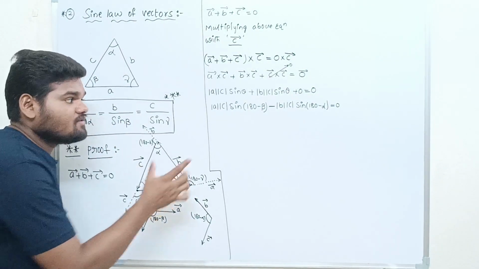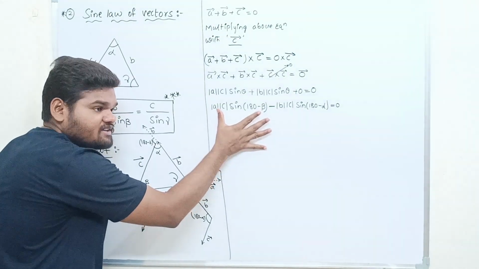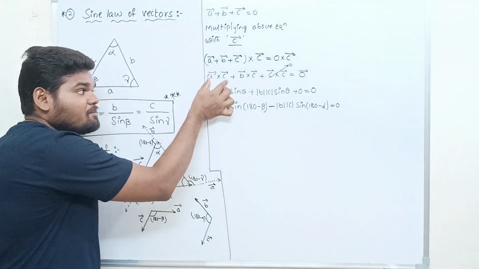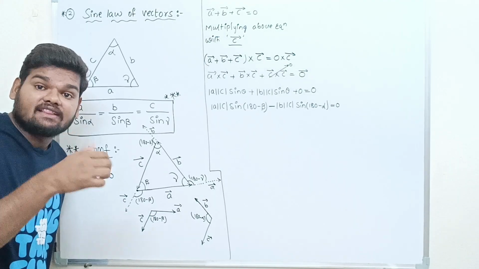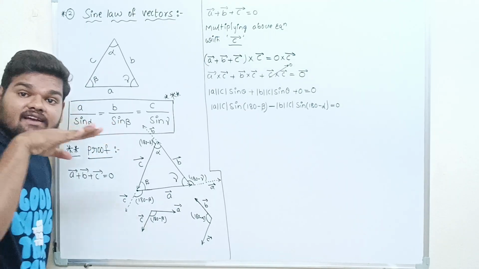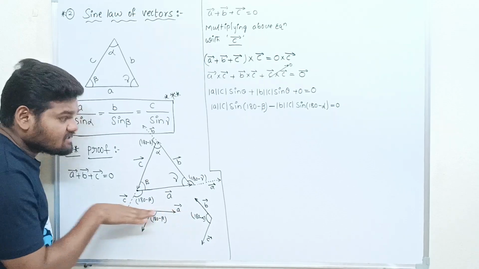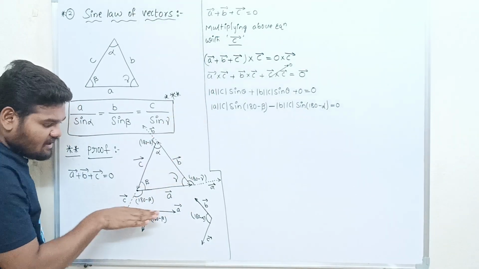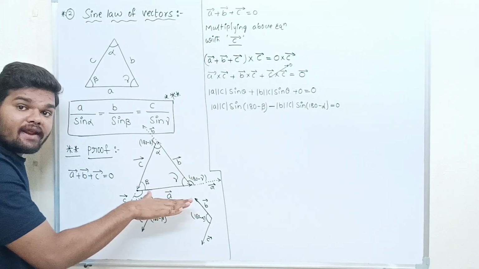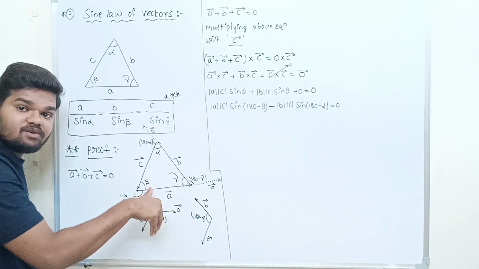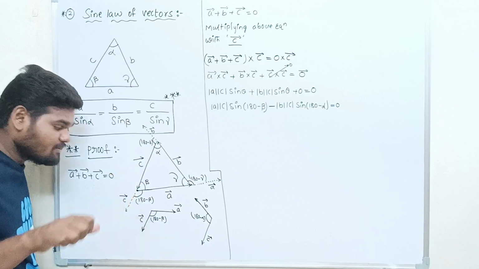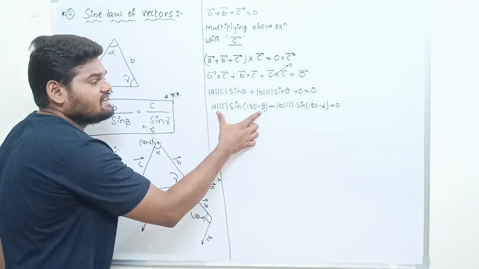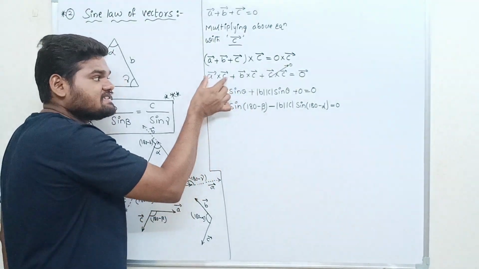Now if you want to find the resultant of a bar cross c bar vector using the right hand thumb rule, we place the fingers on the first vector, which is the a bar vector, and rotate our fingers from the first vector to the second vector. The direction of the thumb gives the direction of the resultant vector, the cross product.